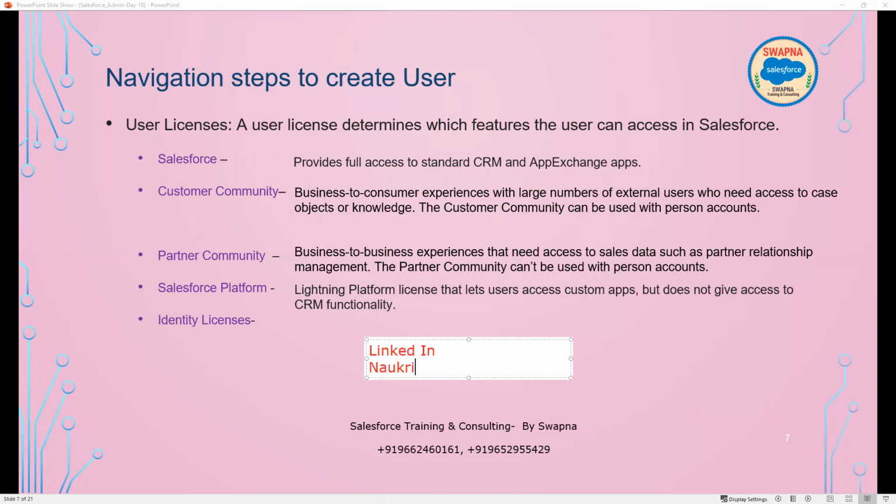Whenever you log into Naukri, there is an option that asks, do you want to log in with the Gmail user? That means auto sign-on is enabled. If I say log in with the Gmail user, then it will automatically capture the Gmail user and password, and it will log into Naukri, LinkedIn, or any other social media.